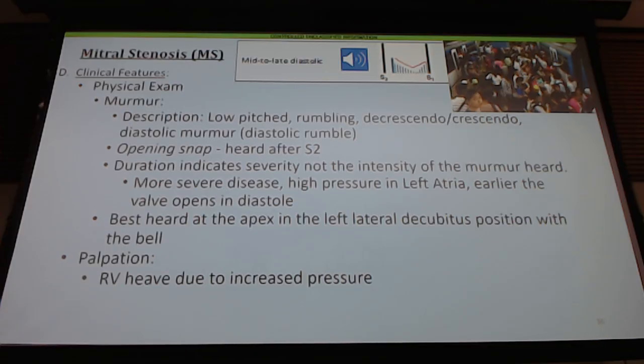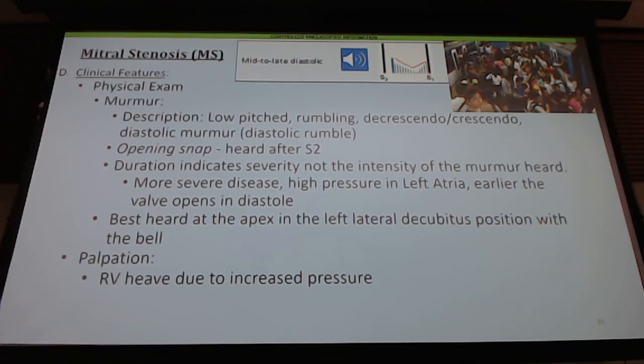Well, you're going to be bumping into each other, so you're going to have a louder sound as you have more blood trying to get through that narrowed opening, right? But then as that flow occurs, now you have less people trying to get out of that subway car. The amount of bumping into each other is going to decrease. So in your murmur, you're having that decrease in turbulent blood flow, and so you get that decrescendo pattern.